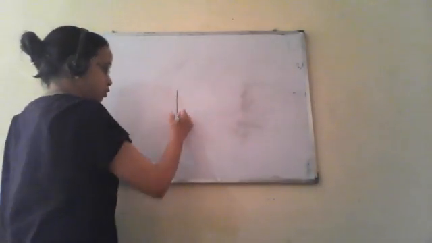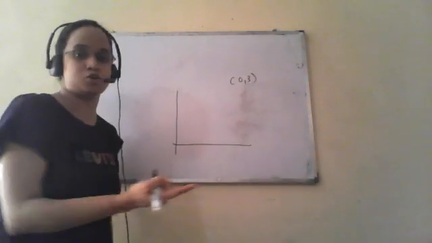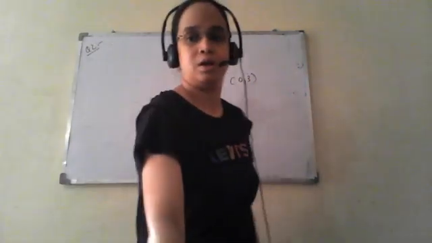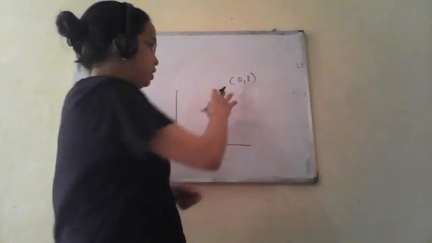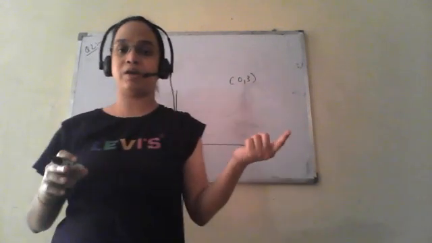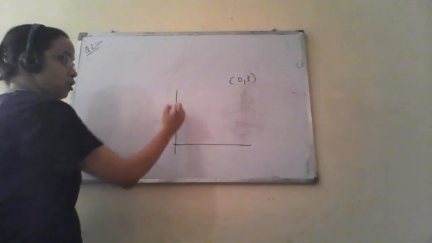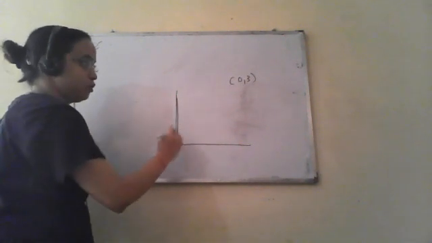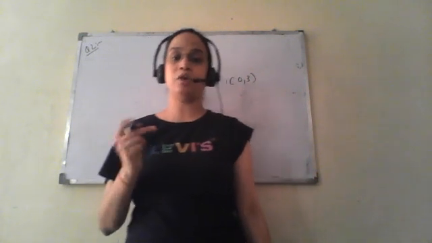I have explained earlier, whose x coordinate is 0 and y coordinate is non-zero, that means it is 1, 2, 3. So 0, 3 means x is 0 and y is non-zero. That means it can have any value 1, 2, 3, 4, 5, but it has to be non-zero. So that point will always lie on the y-axis. I have told you when x is 0, that point will lie on the y-axis. When y is 0, it will lie on the x-axis.